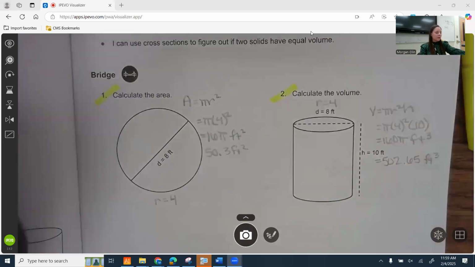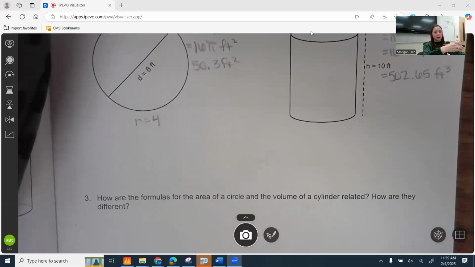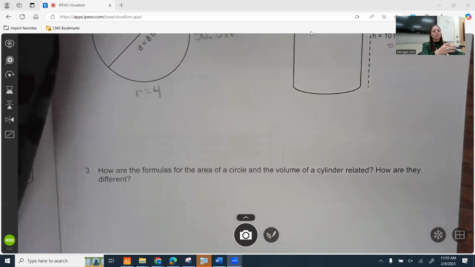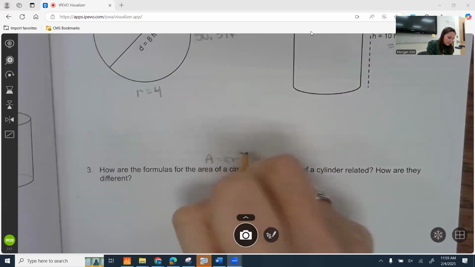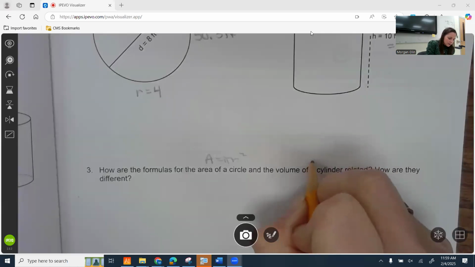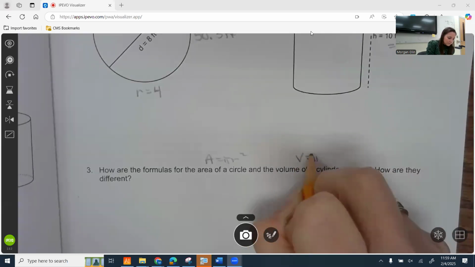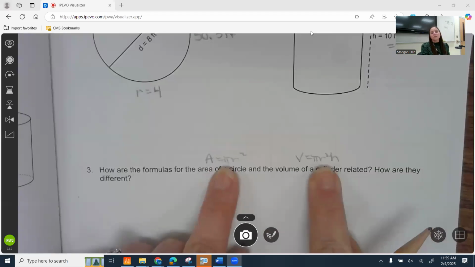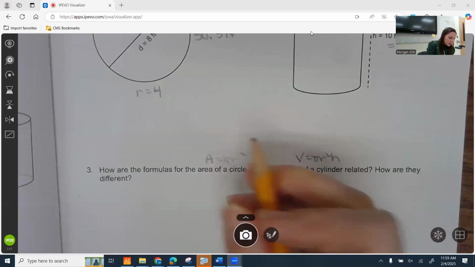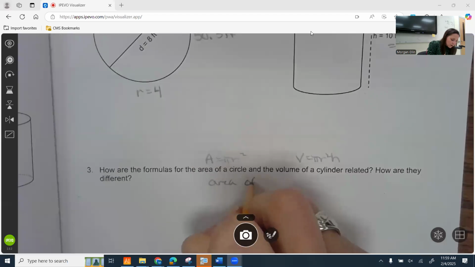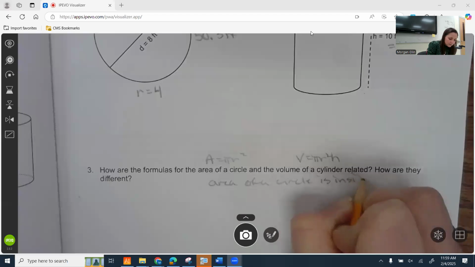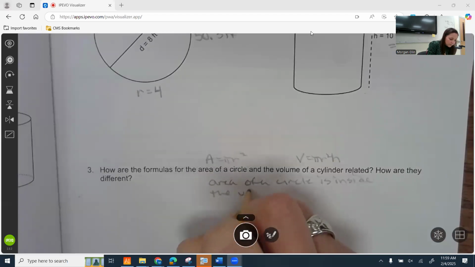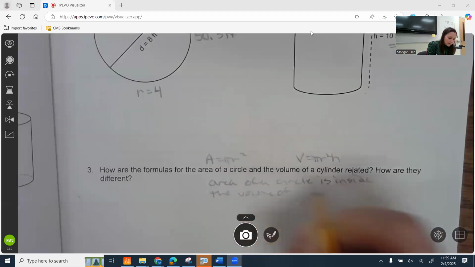Now, we have a question down here. By the way, we're on page 23. All right. How are the formulas for the area of a circle and the volume of the cylinder related? I'll write it down here. Okay, well, look, do you see that the area of a circle is inside the volume of the cylinder?